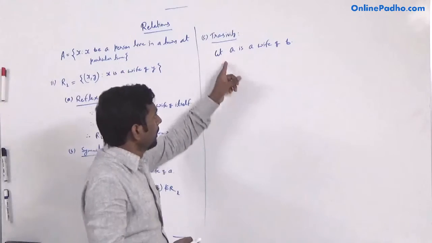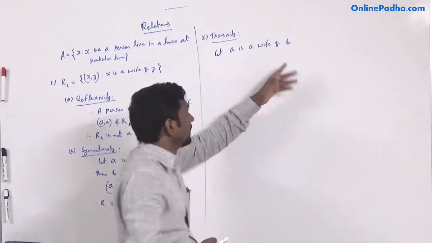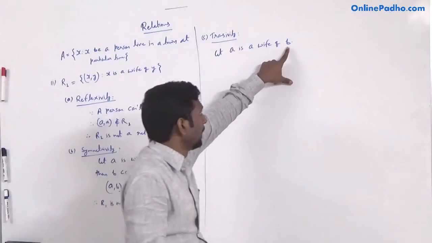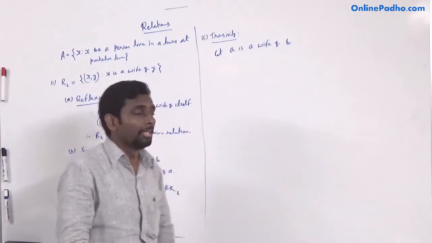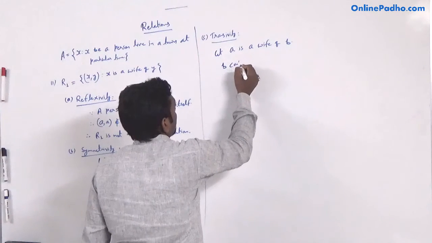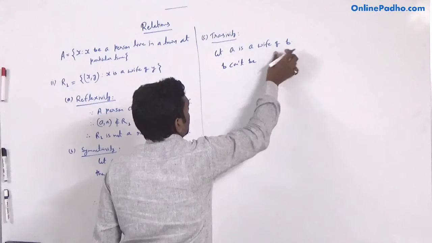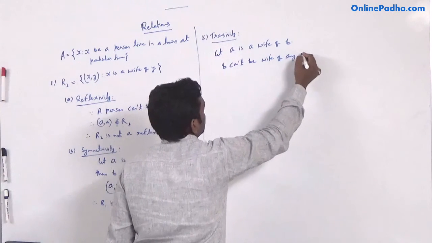Here, (A, B) belongs to R means A is a wife of B, but (B, C) cannot belong to R. If A is a wife of B, then B is a male person, and B cannot be wife of any other person.